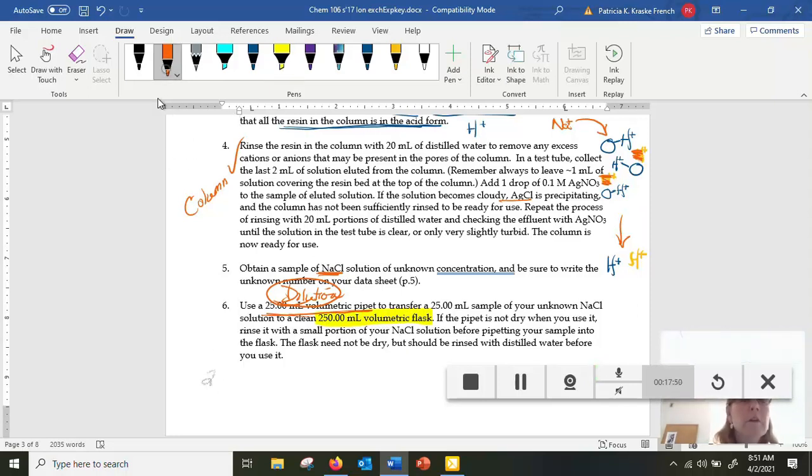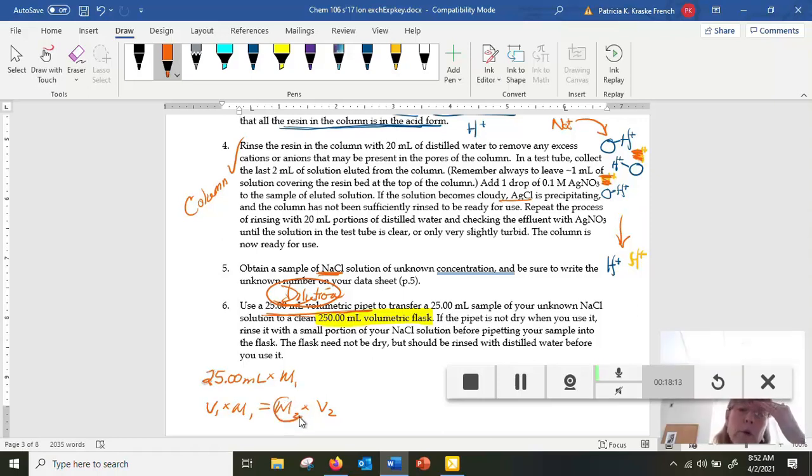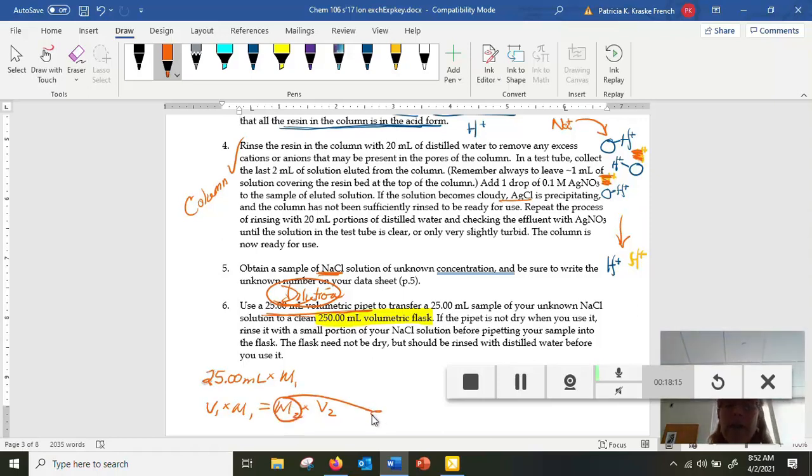Okay, so let's see if we can figure this out. 25 milliliters, that's our original volume, V1, times your M1, which you don't know, is going to equal M2 V2. Now, your M2 you're going to figure out in the experiment, and we'll talk about that next week.